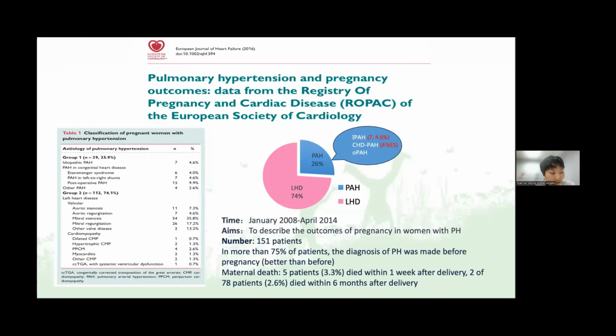The results showed that the congenital heart disease associated PH group was smaller than in other reports, and in more than 75% of patients, the diagnosis of PH was made before the pregnancy, which is better than before. And for maternal deaths, 5 patients died within 1 week after delivery, and 2 of 78 patients died within 6 months after delivery.